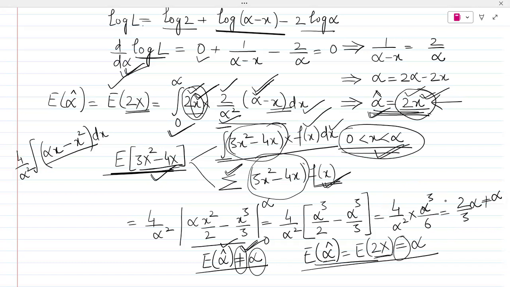I repeat, if this comes out to be alpha, then this estimated value of alpha is an unbiased estimator of alpha, and the MLE value is already there. But here, since it is not equal to alpha, we will say that this estimated value of alpha is actually a biased estimate of alpha.